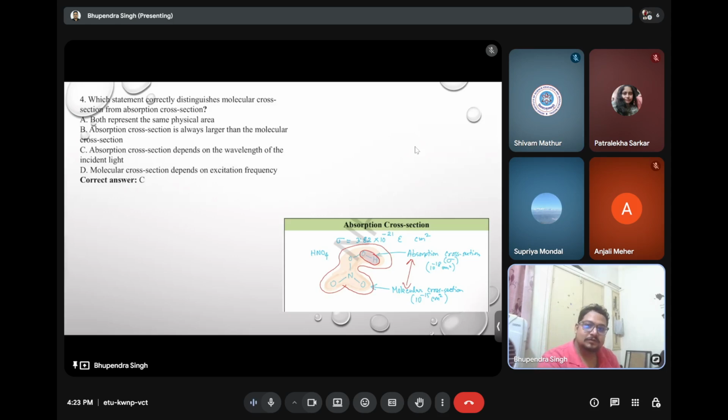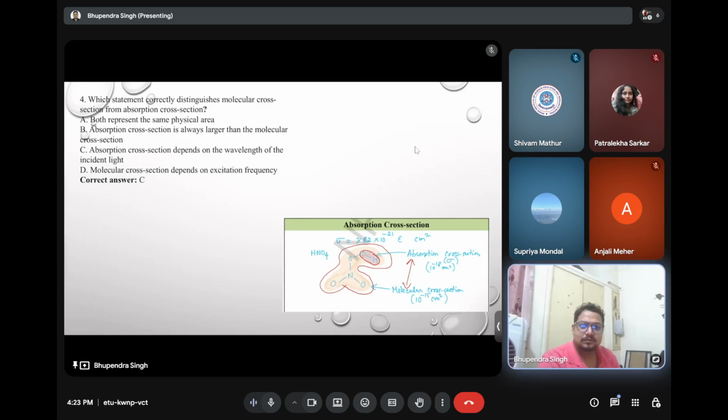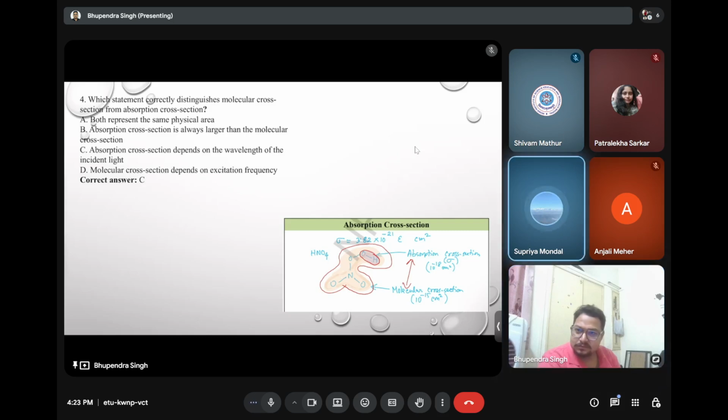If both are representing the same physical area, then this property is not differentiable between these two, right? Yes.